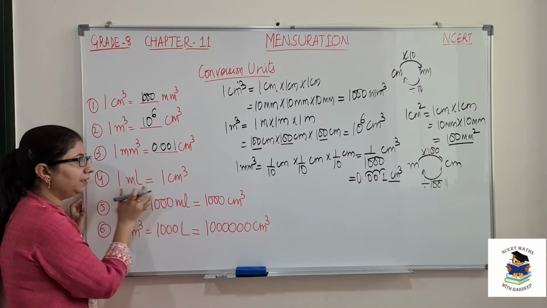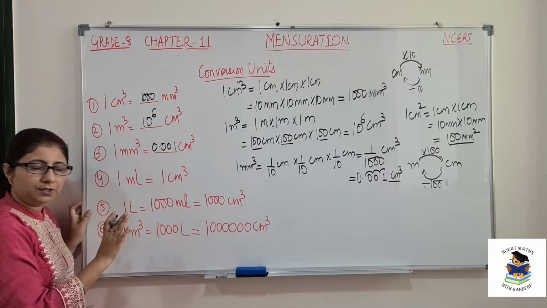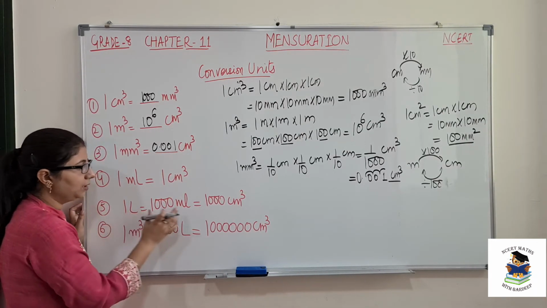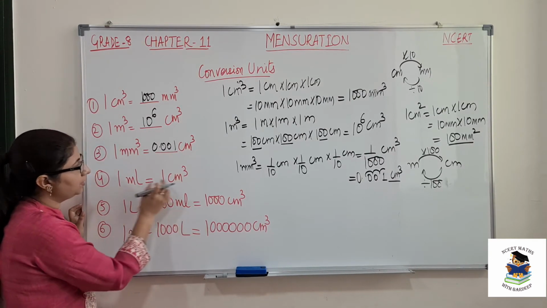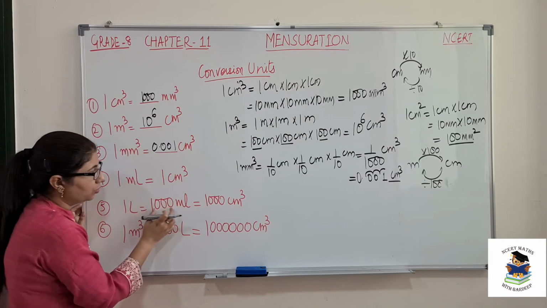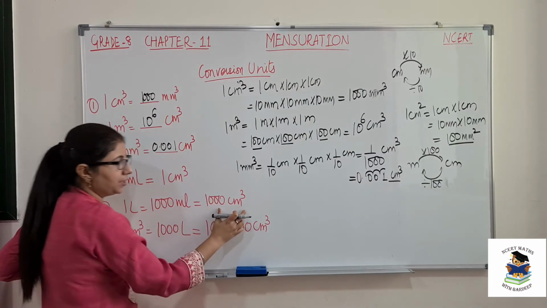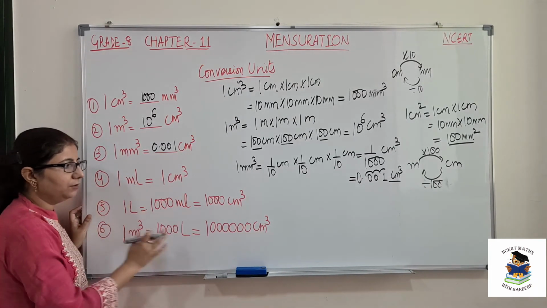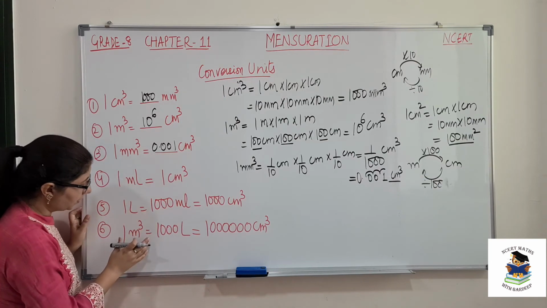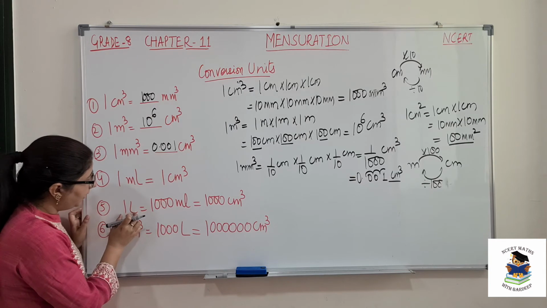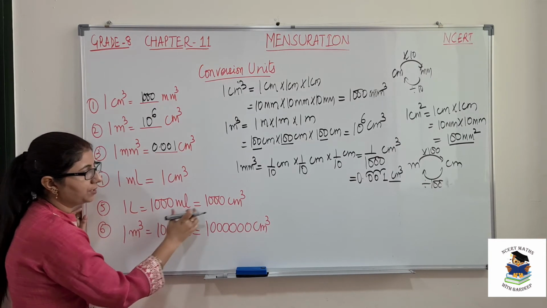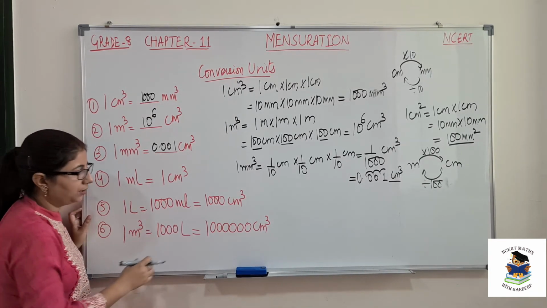Now these are the units that you have to learn by heart. That is, 1 milliliter is same as 1 centimeter cube, and 1 liter is equal to 1000 milliliter. So if 1 milliliter is equal to 1 centimeter cube, then 1000 ml means 1000 centimeter cube. These conversions are required in many questions. So 1 meter cube is equal to 1000 liters, and each liter is further equal to 1000 ml or 1000 centimeter cube.